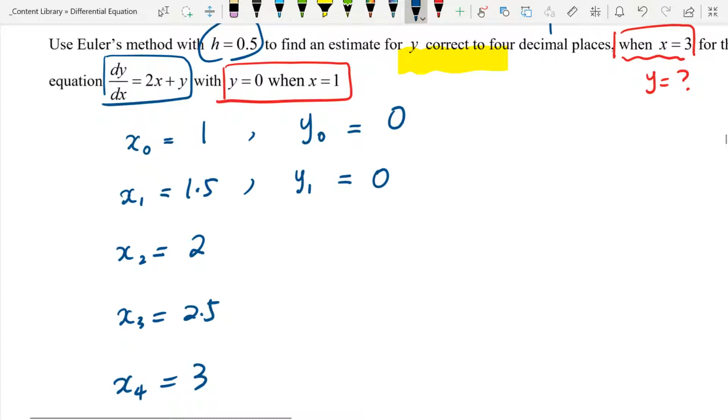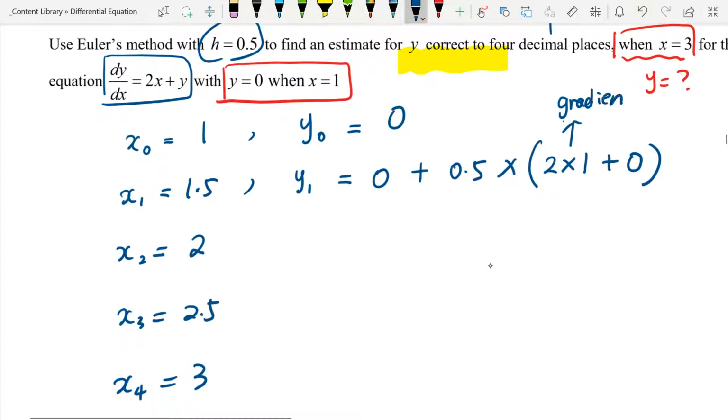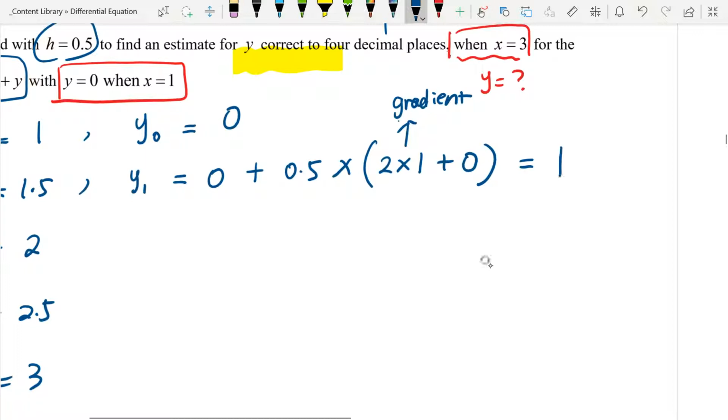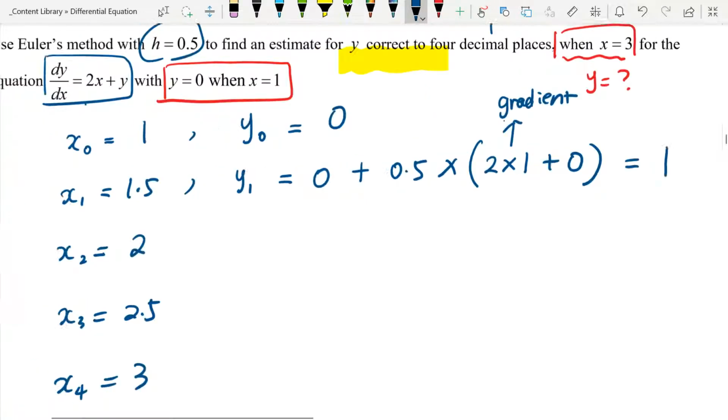It's the previous y value plus 0.5, which is the h, the step, times the derivative of the previous point, which is 2 times 1 plus 0. So that's the gradient. You use that equation to plug those two points in. What does that equal? That's a 1, I think. Yeah, 2 times 0.5, which is 1.